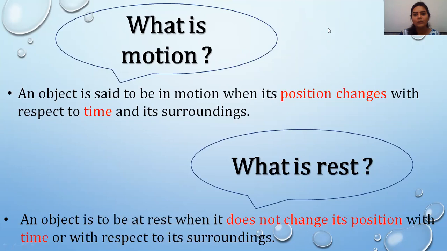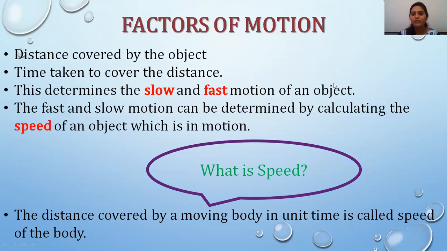Now, when we understand the concept of motion and rest, we need to understand the factors which are responsible for it. When we say that an object is moving or the object is said to be in motion, there are two important factors responsible. One is distance, the distance that is covered by the object, and the time taken to cover that distance.